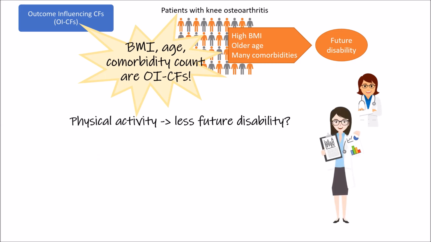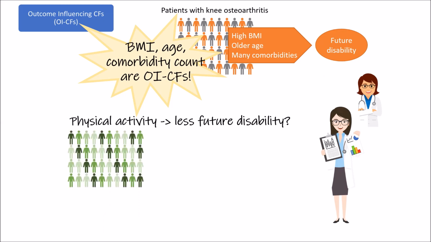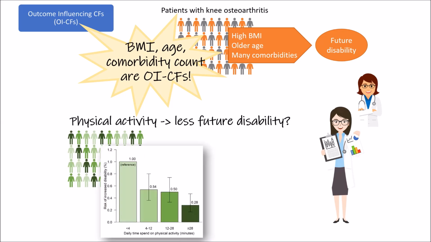A group of researchers wanted to investigate whether there is a relationship between physical activity and future disability in patients with knee osteoarthritis. They grouped the patients according to daily physical activity, and they found that physical activity was associated with lower risk of experiencing future disability.